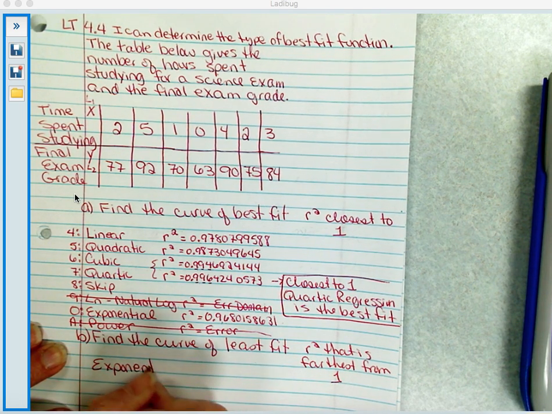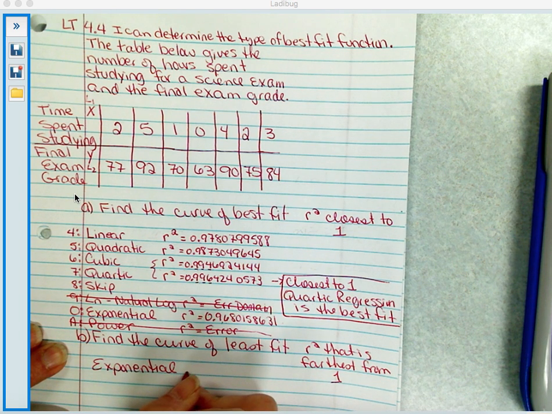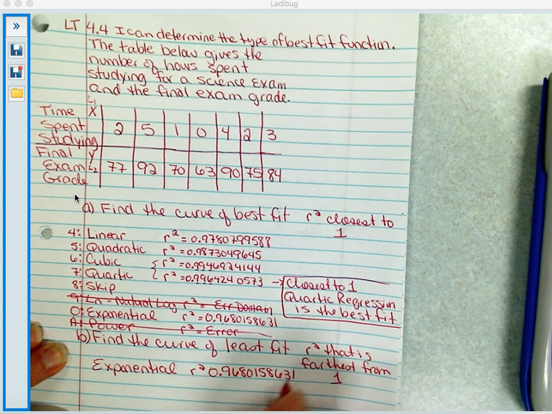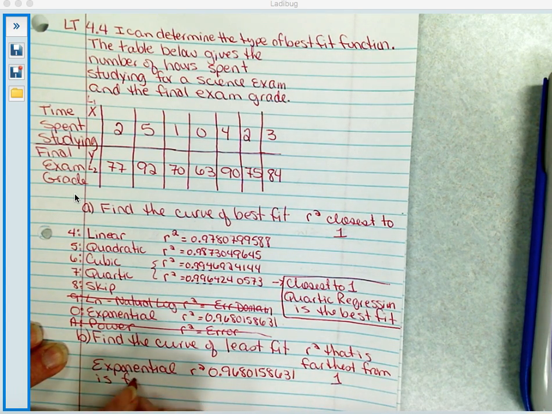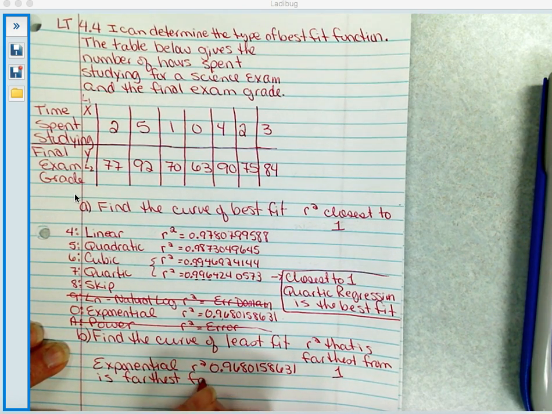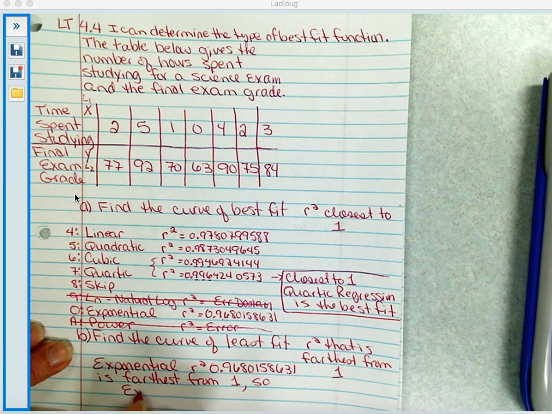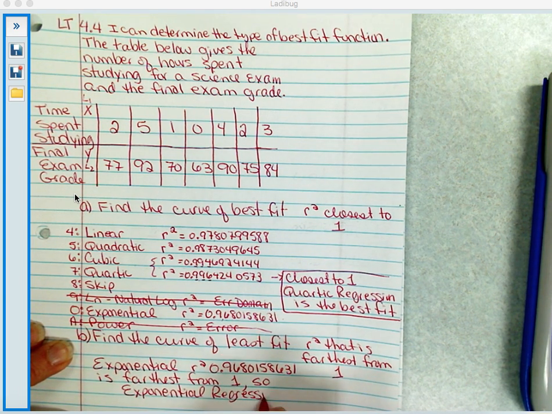So the exponential r squared, 0.968015861, is farthest from 1. So the exponential regression is the least fit.